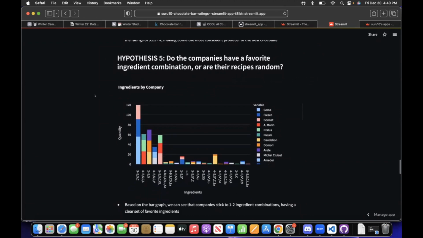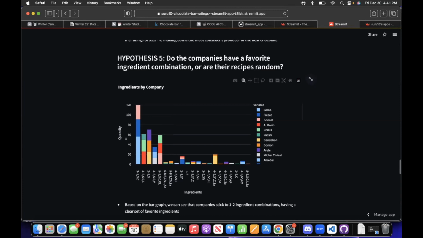Hypothesis 5 goes over whether companies have a favorite written ingredient combination or recipe, or whether it is just random. One thing I want to note is that the data set here uses similar colors for multiple different companies, so one color can mean multiple different companies. If you analyze the data on the bar graph, there's about one ingredient combination per company that is used.